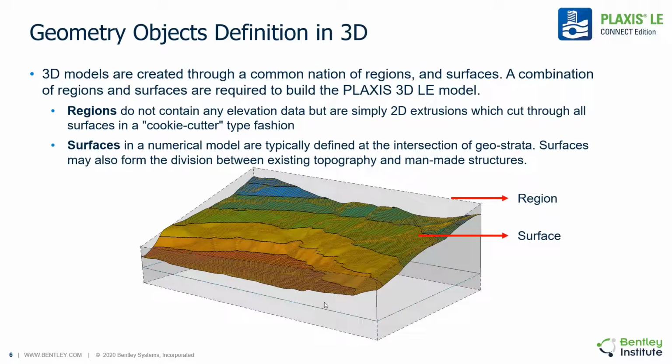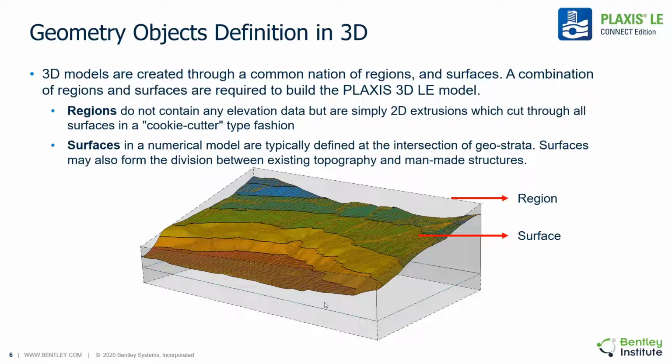In terms of the geometry objects definition in 3D, we need to have a clear understanding of the following concepts. 3D models are created through a combination of regions and surfaces in PLAXIS LE. If you'd like to create a 3D model in PLAXIS LE, you need to use a combination of regions and surfaces in the software. So what is a region?